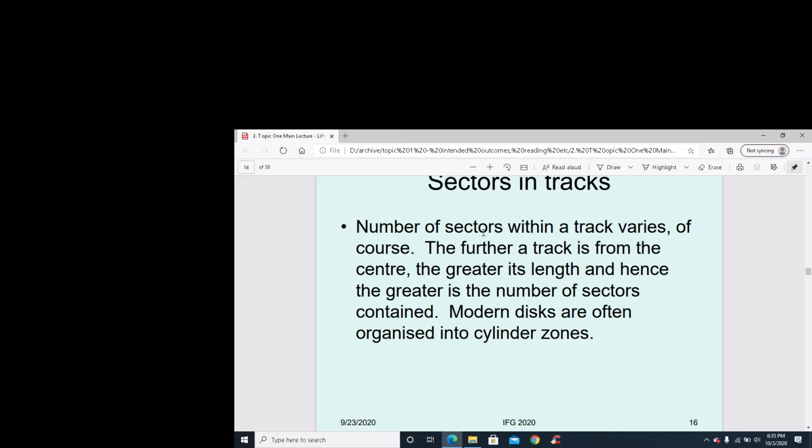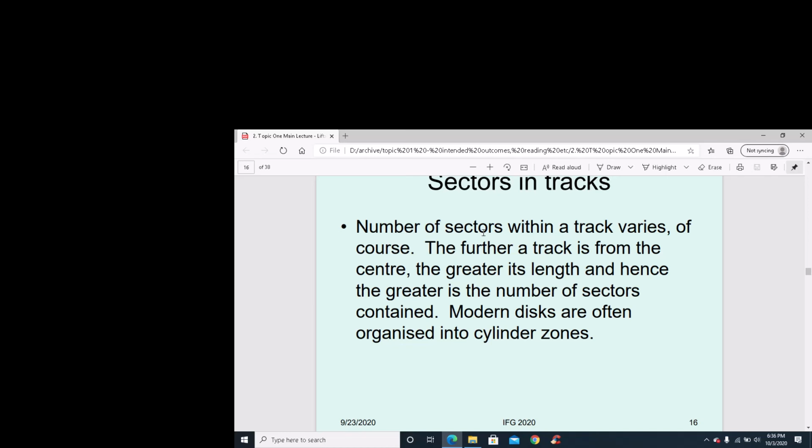Obviously. So if you've got a track very close to the centre of the disk, maybe it's just got 1,000 or 2,000 sectors.